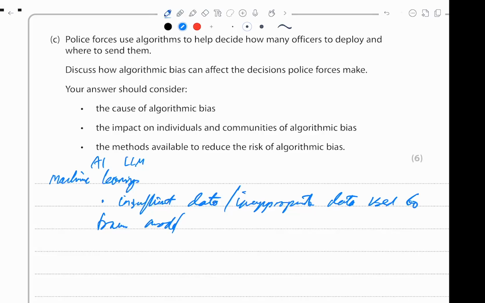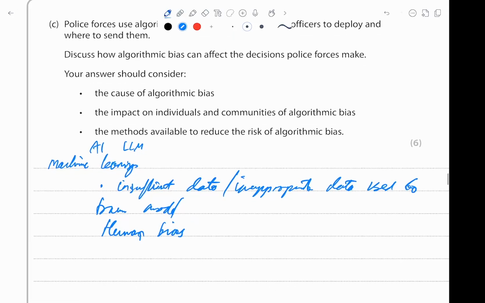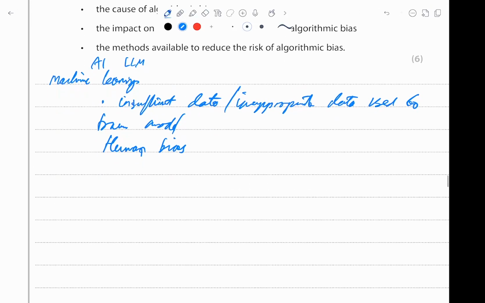You could also have human bias, so it leads to discrimination, for example. Of course, humans are creating these algorithms, so the algorithms are going to be an extension of humans in that regard, and their thought.